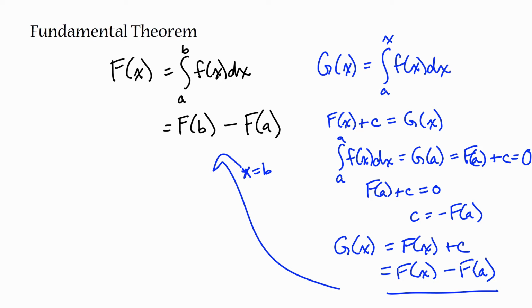So this is a great and tremendously useful thing, because it means that whenever you have to solve a definite integral, you just first find the antiderivative at b and the antiderivative at a, the upper limit and the lower limit, and subtract.